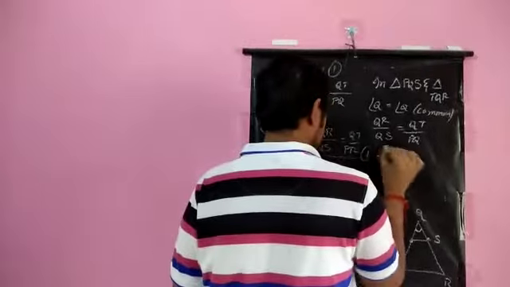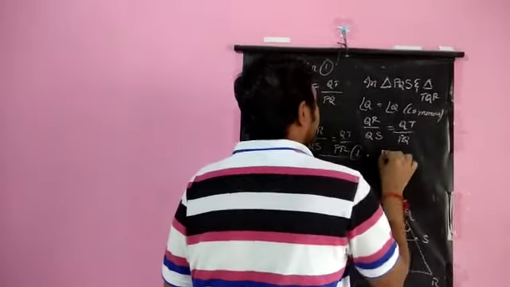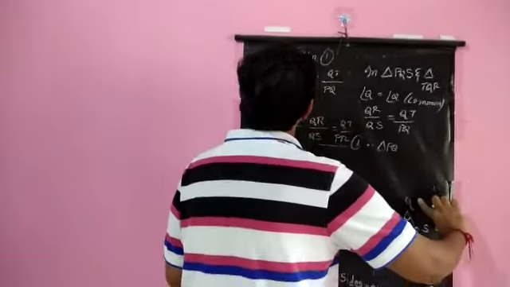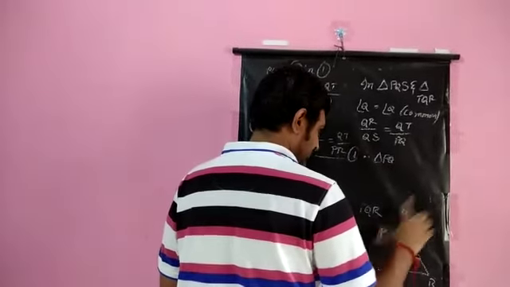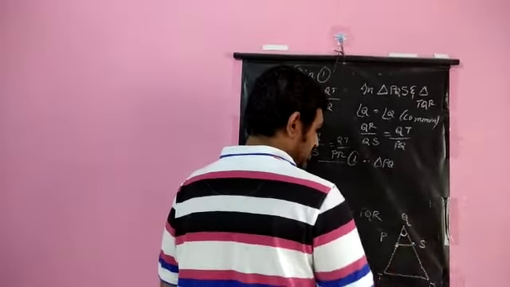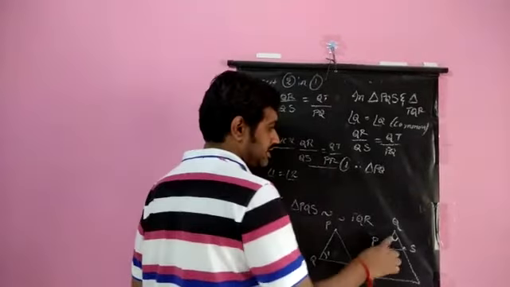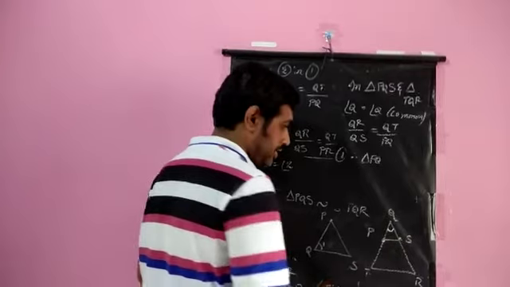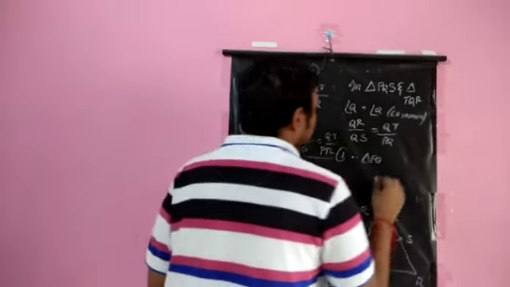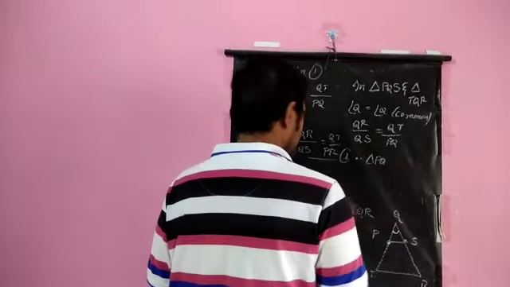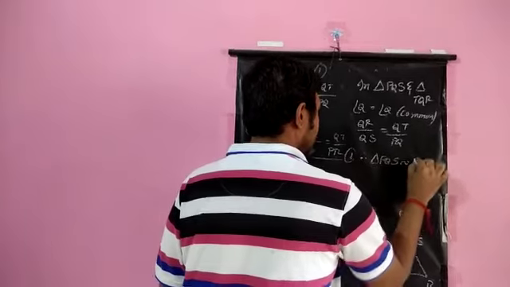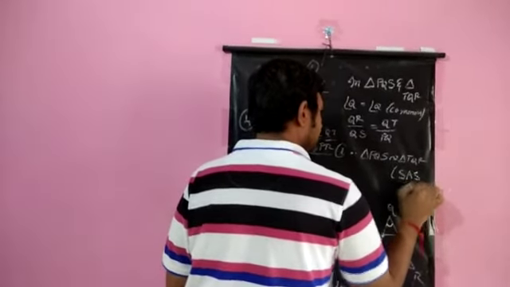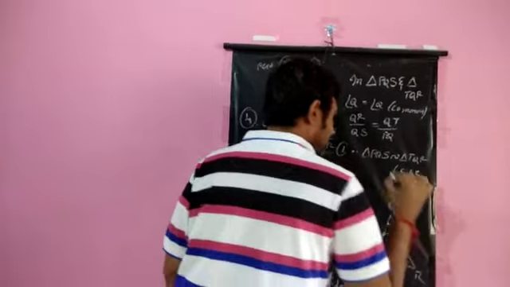So therefore we can say that this ratio QR by QS, and here on this side QT by PQ, so this side and this side are in the same ratio, and this angle is equal. Angle Q, the sides including are QR and QT, which are in the same ratio. So triangle PQS is similar to triangle TQR by side angle side similarity rule, which is our RTP.